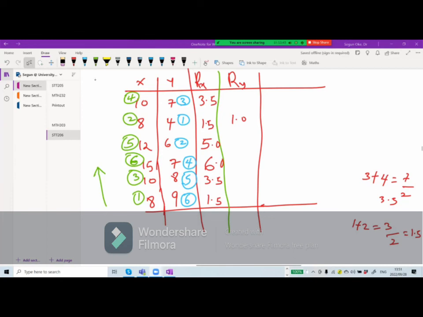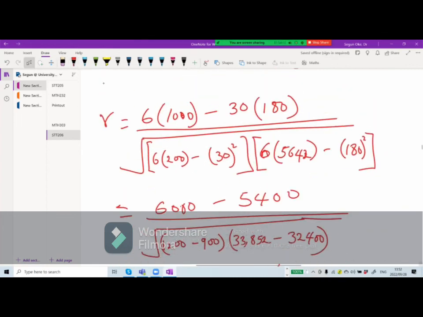So the next value is what? 6. How many 6 do we have? 1. That's number 2. Rank is 2. The next value is what? 4. 3 and 4. 3 plus 4, 7 over 2, 3.5.